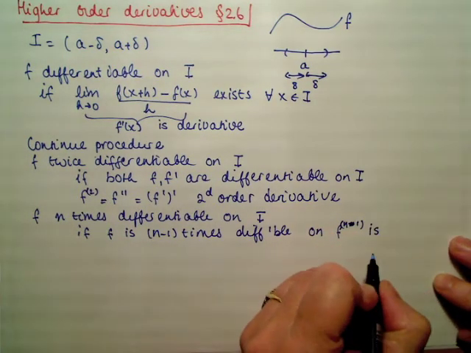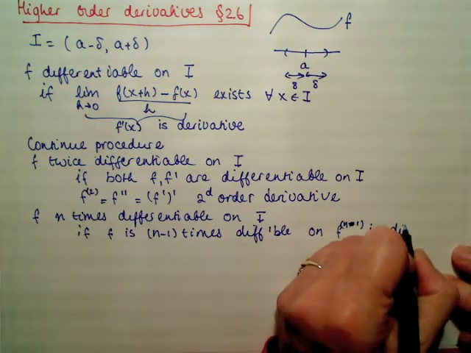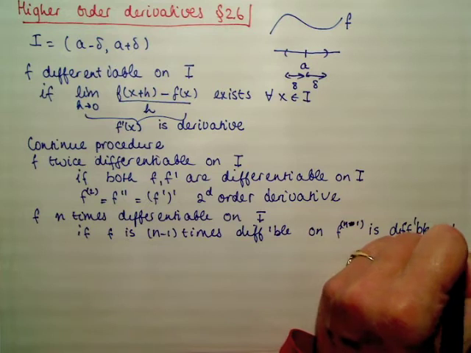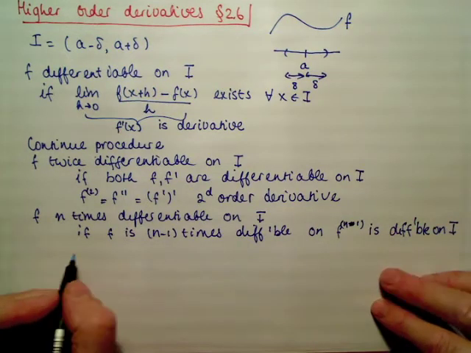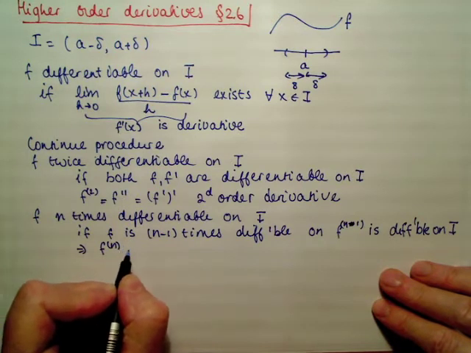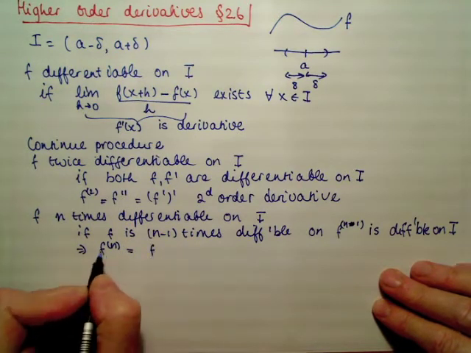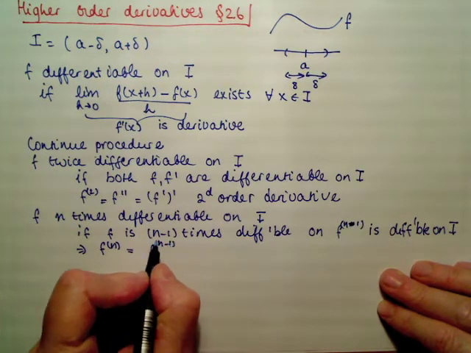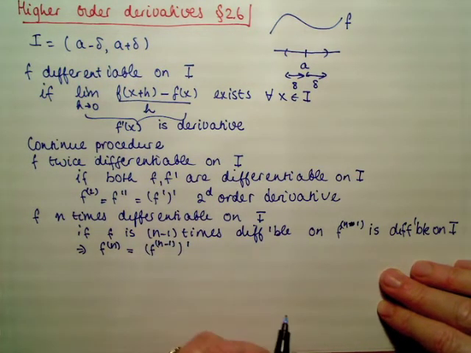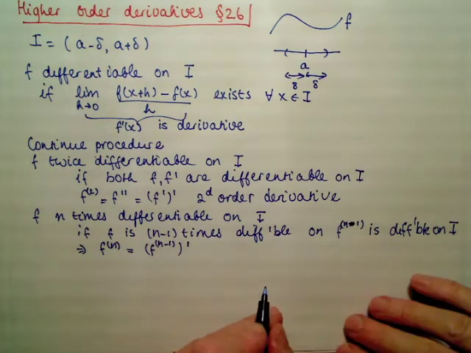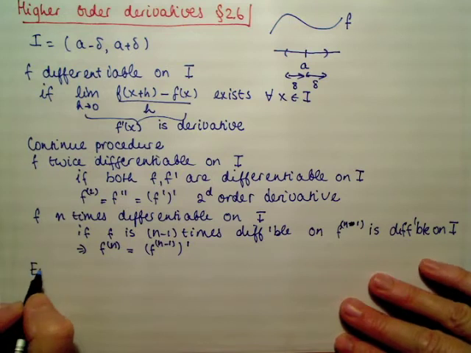So f^(n-1) is differentiable on the same interval. Then we denote the nth derivative as f with a superindex n, and this is the derivative of the (n minus 1)th derivative. Of course, this is quite simple, but it's good to give some examples.